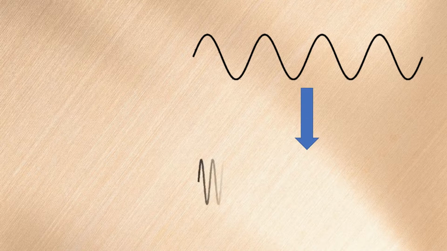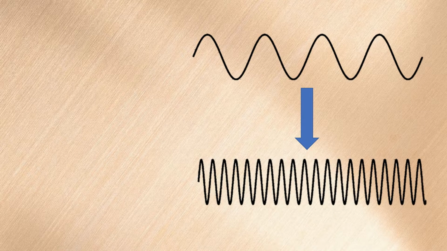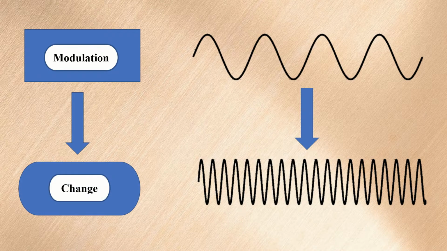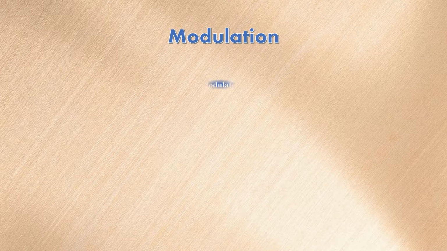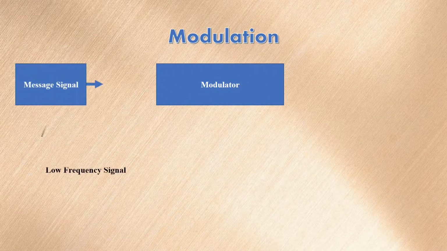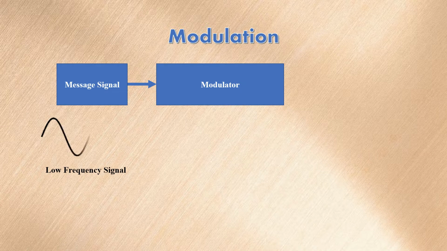In order to overcome the drawbacks of low frequency signals, this low frequency signal should be converted into a high frequency signal, and this process is called modulation. Modulation is the process of changing the low frequency signal into a high frequency modulated signal. This is done with the help of a modulator. The modulator takes the low frequency message signal as the input signal.